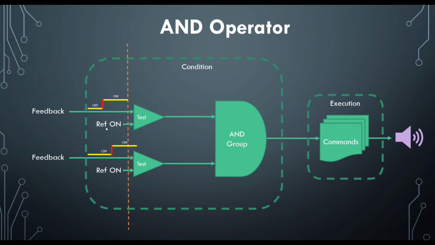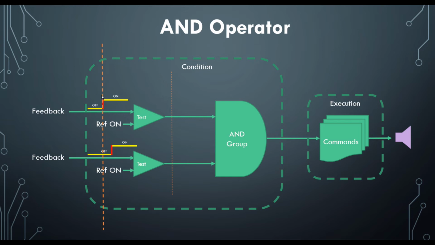And here we have the reference states which we defined when we created the action. The outputs from the feedback sensors are detected by the condition and continuously compared to the reference states. At some point in time, one of the feedback sensors will turn on, as denoted by the dashed orange line shown here.